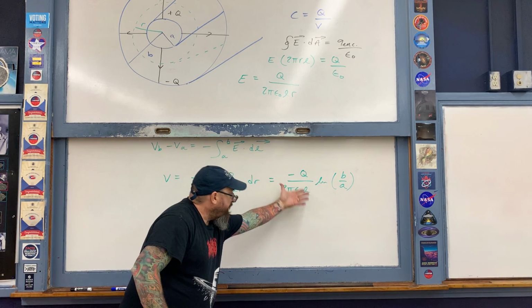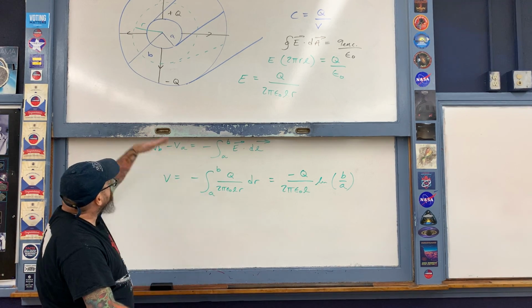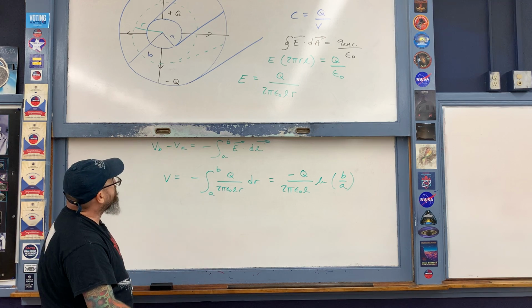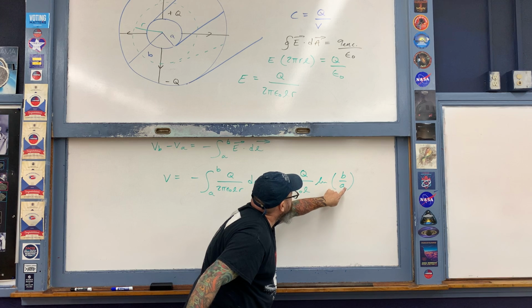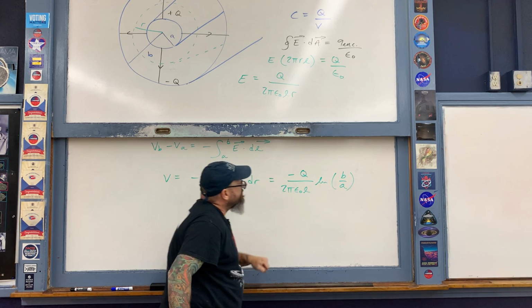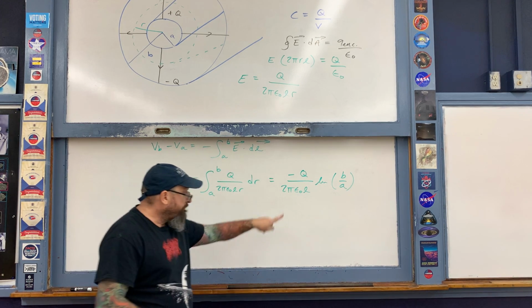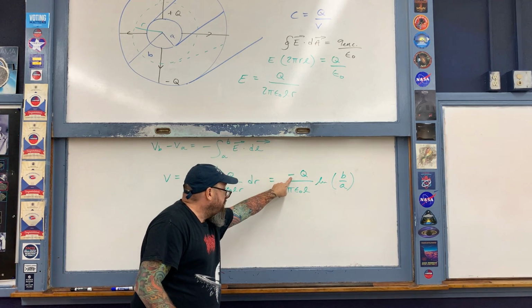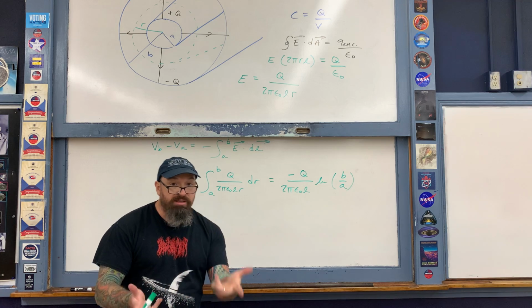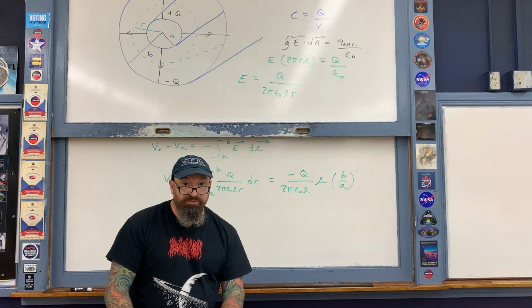So I end up with that expression as my potential difference between points A and B on the diagram. B is a bigger value than A, so here in parentheses is a number greater than 1, therefore you end up with a positive number. However, this negative sign really doesn't mean anything when we're just talking about the potential difference itself.